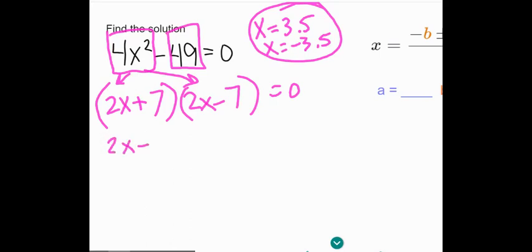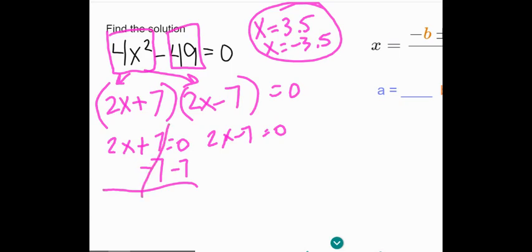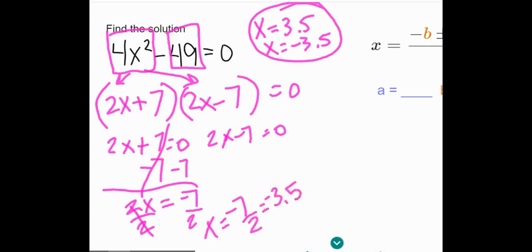Then we do 2x plus 7 equals 0, 2x minus 7 equals 0, and then we solve. So here I have minus 7 on each side, 2x equals negative 7, divide by 2, and x equals negative 7 over 2, which coincidentally is the same thing as negative 3.5.